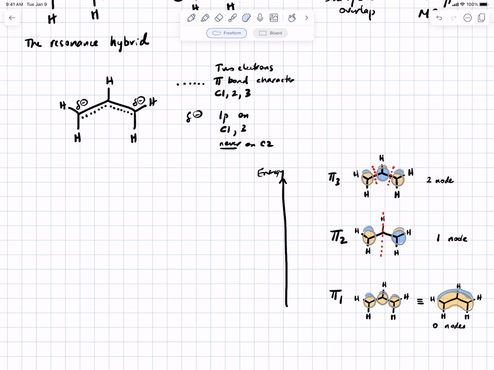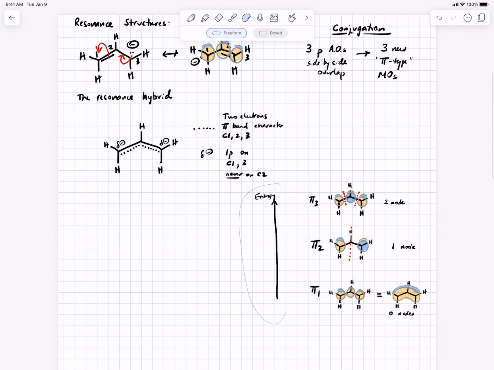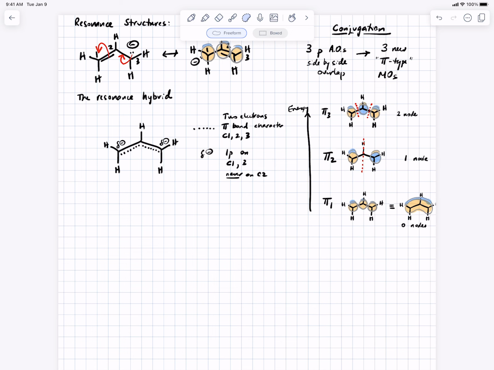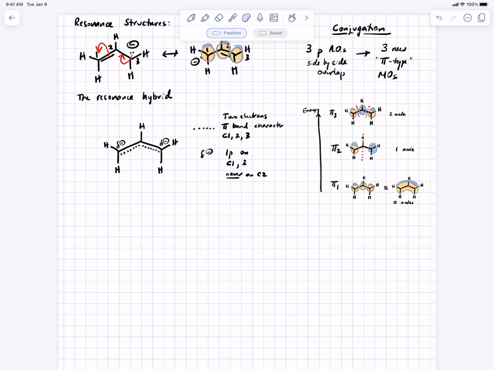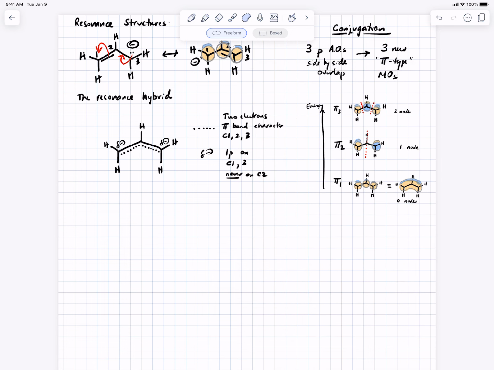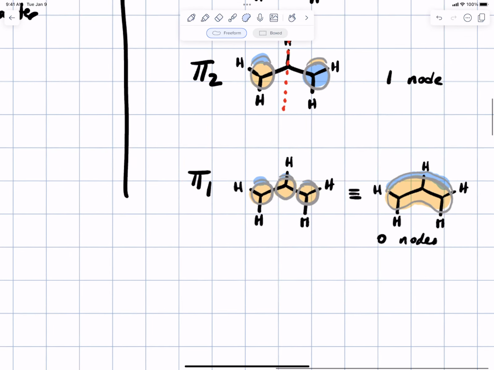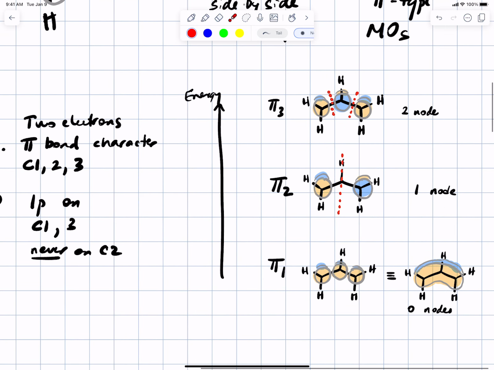At this stage, some people want to ask, well, okay, so fine, you got 3 orbitals, which one's bonding and which one's anti-bonding? There is an answer to that. It's sort of beyond the scope of the class. I'll just take you through it really briefly. The lowest energy one, because we have like sign overlap of wave function on carbons 1 and 2, and then again on 2 and 3, we will call pi 1 a bonding orbital.